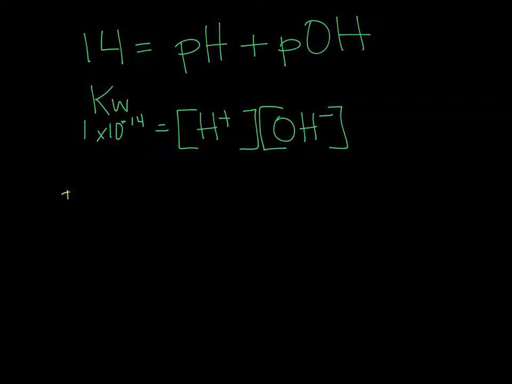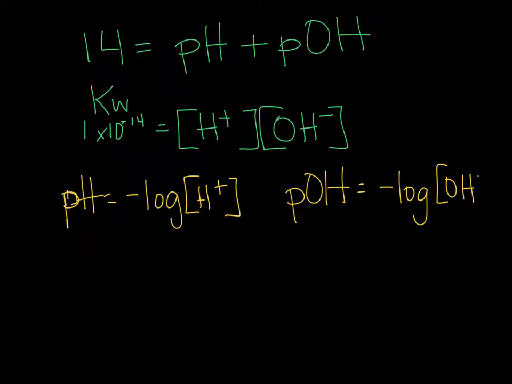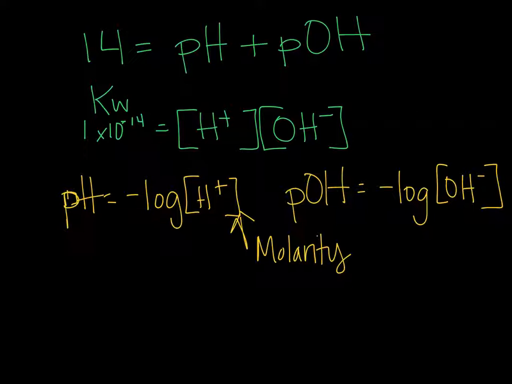Then we had pH. pH was equal to the negative log of the concentration of hydrogen or hydronium. pOH is the negative log of hydroxide ions. By the way, brackets are molarity, or molar solutions. If they say 5 molar or 5 M, that's what they're talking about.